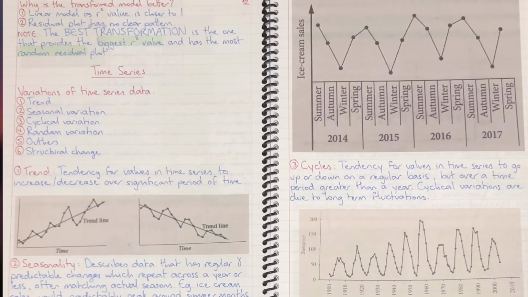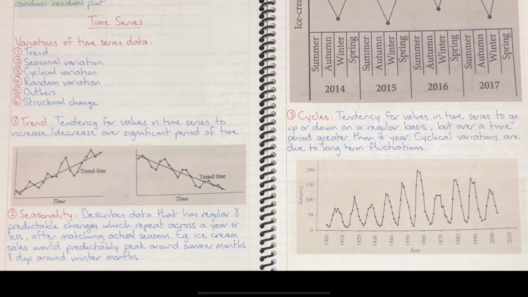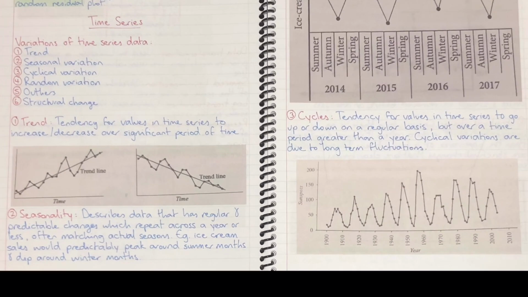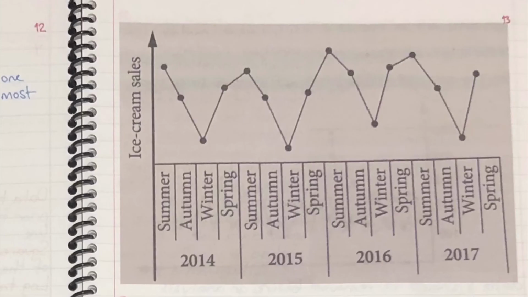So if we go back to our notes, seasonality describes data that has regular and predictable changes which repeat across a year or less, often matching actual seasons. Example, ice cream sales would predictably peak around summer months and dip around winter months. So here's an example of seasonality. See, every winter here ice cream sales are at a low, and every summer they're at a high peak.